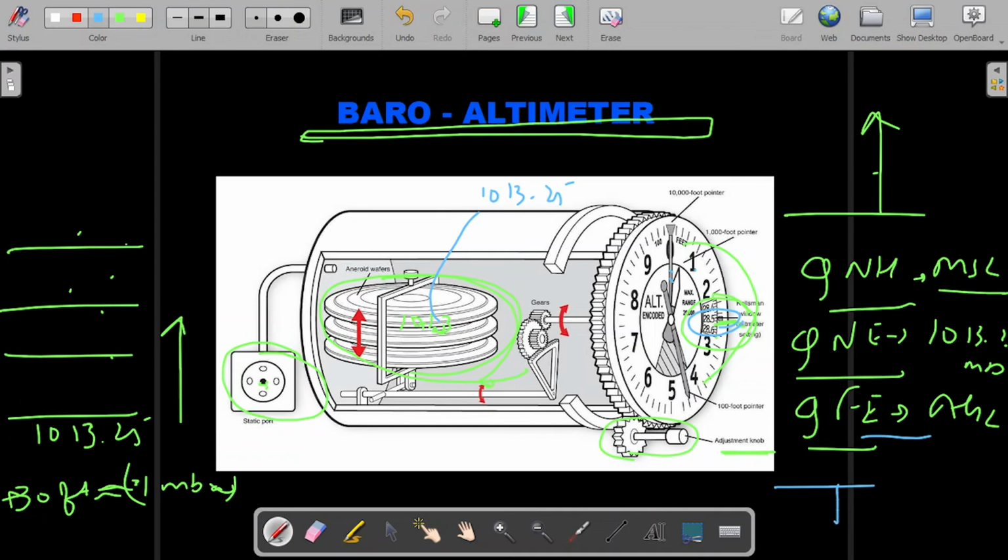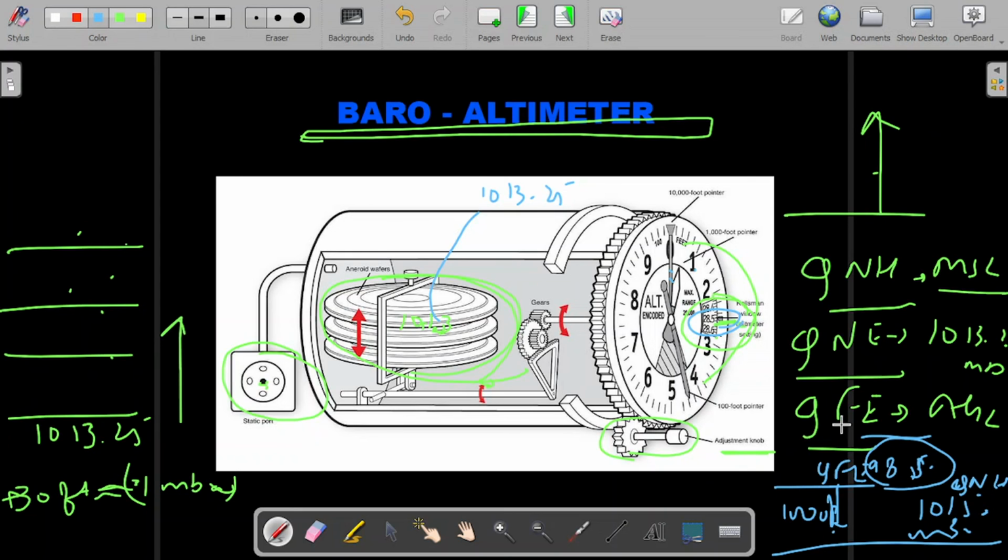So let's say the airfield is at 1000 feet, and here is the mean sea level. If mean sea level pressure is 1015, let's say, and the pressure here is 985, so if this is the QFE pressure and this is the QNH pressure, if the pilot is feeding 985 millibar, it should show 0.